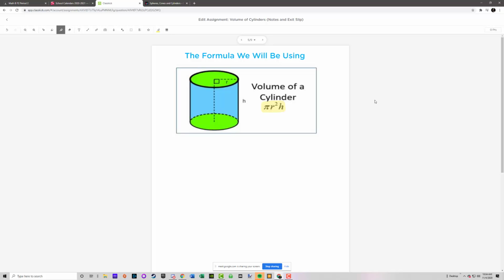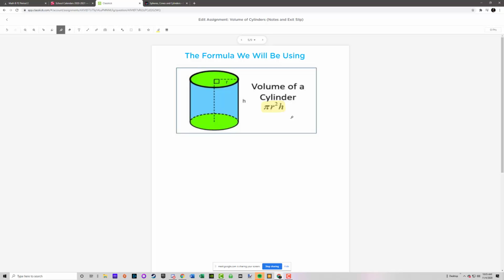But one of the things that I did learn was when you're dealing with shapes, you get to deal with formulas. And formulas are awesome because they're basically a math recipe, where you just plug in information and then it becomes like a 6th grade level problem because all you have to do is follow the order of operations.